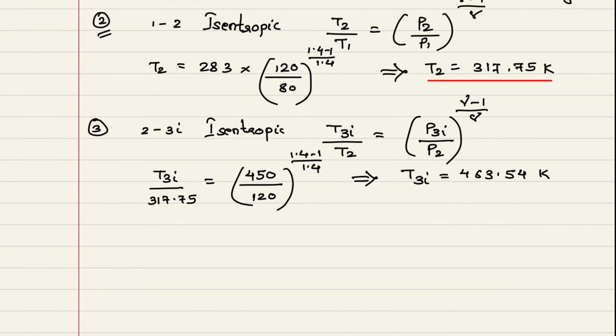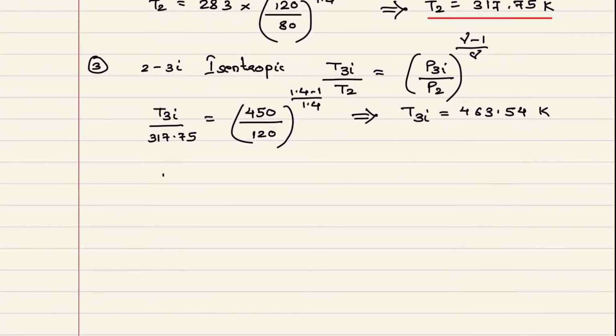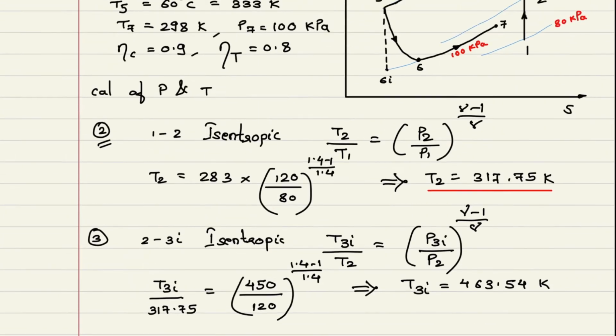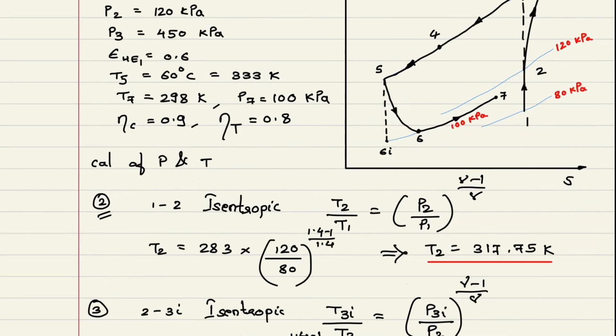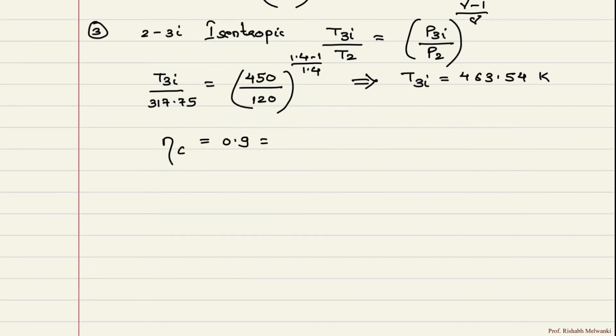Now we have to calculate actual temperature. So we will use efficiency of compressor, which is given as 0.9. How to write the efficiency formula? It will be T3i minus T2, smaller temperature difference, upon larger temperature difference, which is T3 minus T2. So efficiency of compressor is T3i minus T2 divided by T3 minus T2.